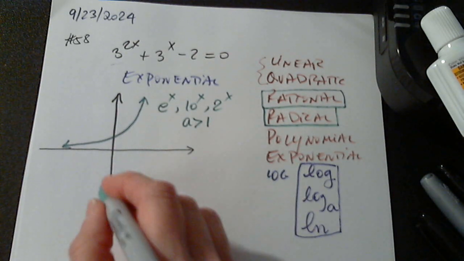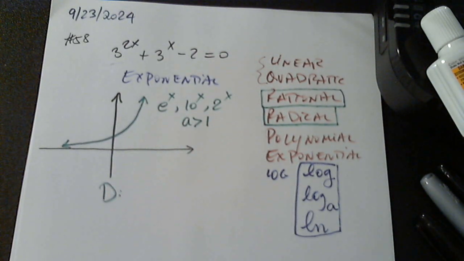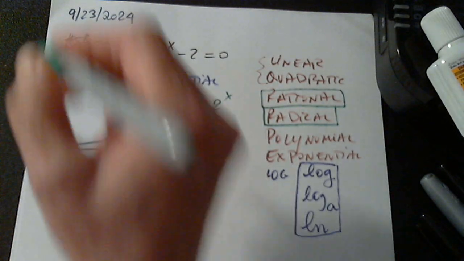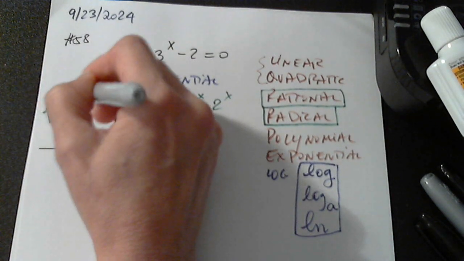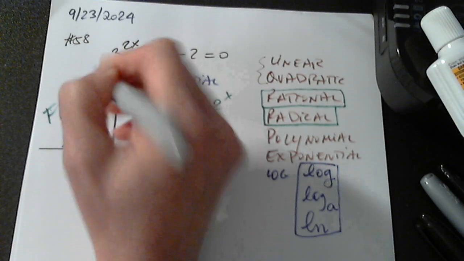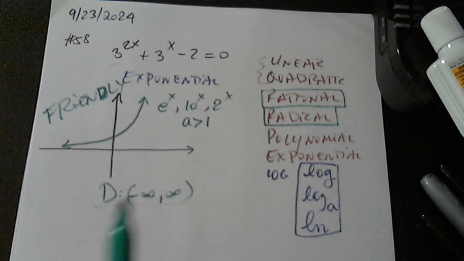What is its domain? It's okay if you're wrong. We have to communicate. Is it negative infinity to positive infinity? Yes. I call this friendly. I don't have to worry about it. It's defined for all real numbers.